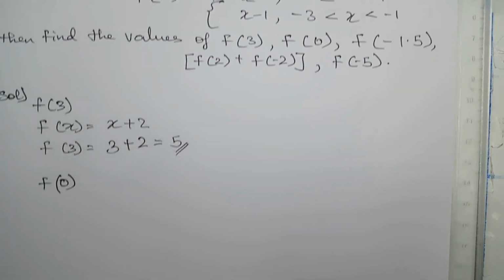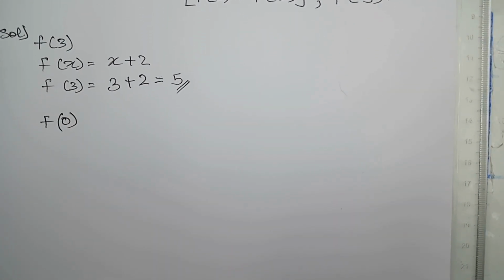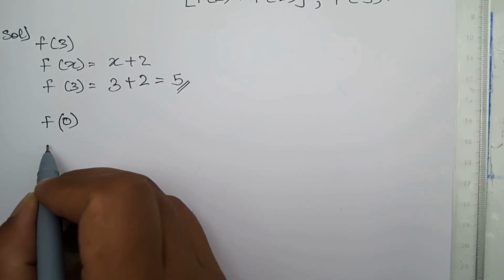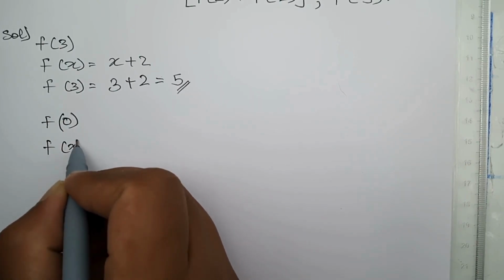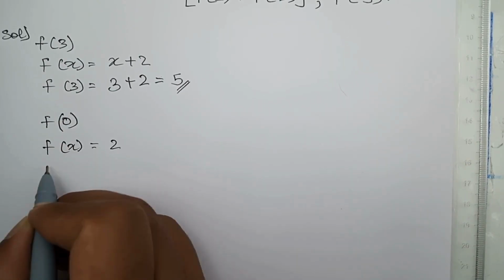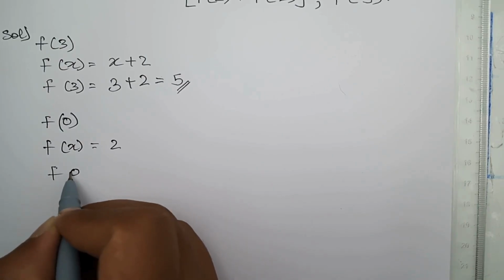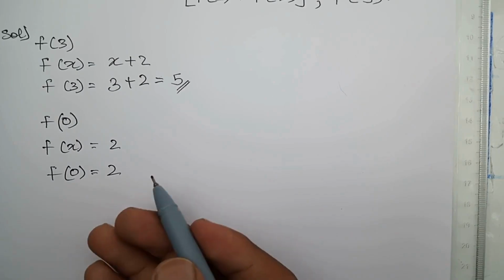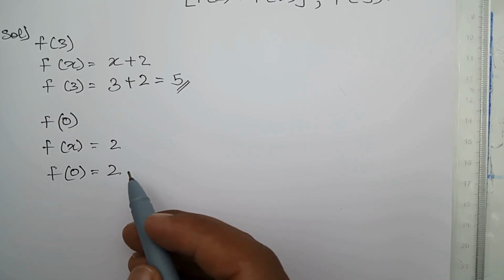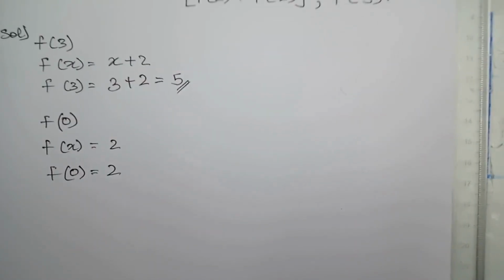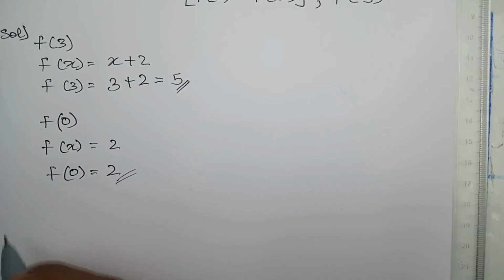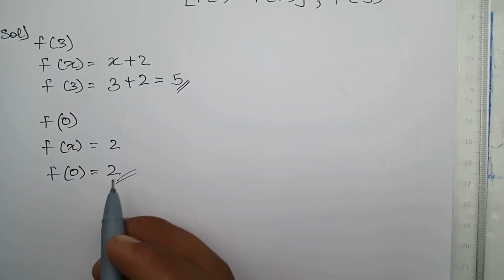Now we'll come to the problem. f of x is equal to 2 here. f of 0 is equal to 2 only. There is no x present in the second condition, so the answer will be 2 only.